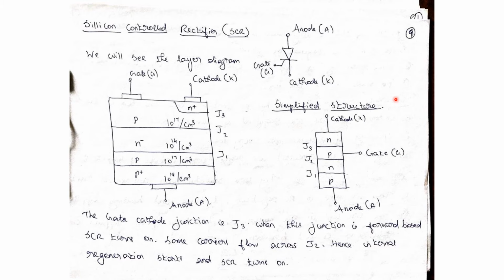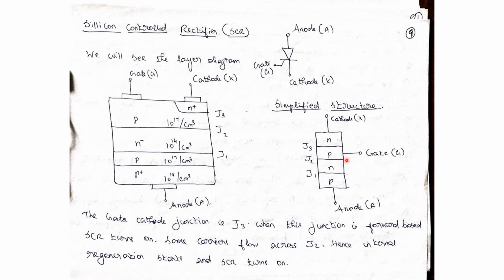When the gate and cathode junction, that is J3, is forward biased, SCR turns on. Some carriers flow across J2.